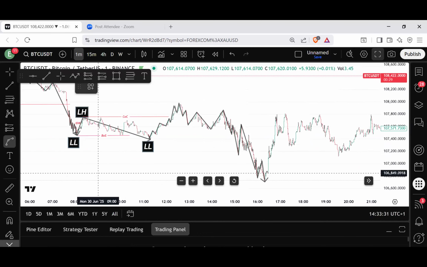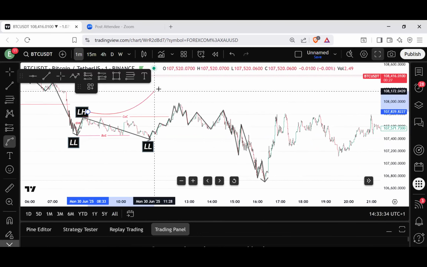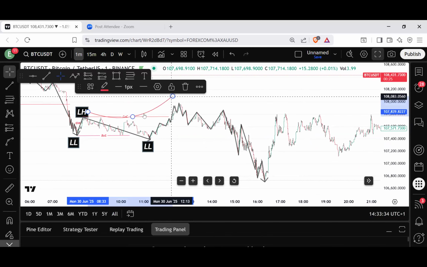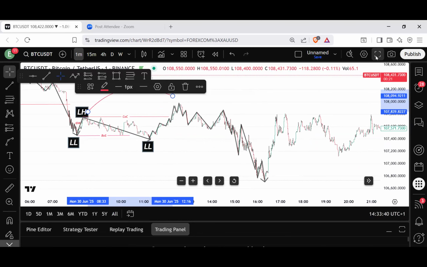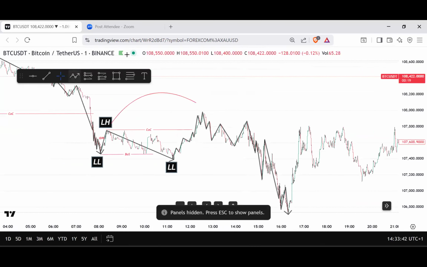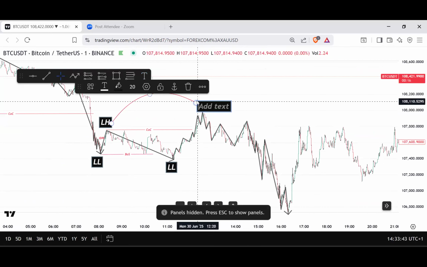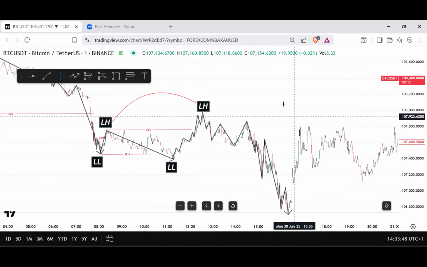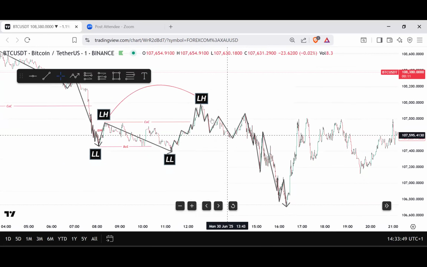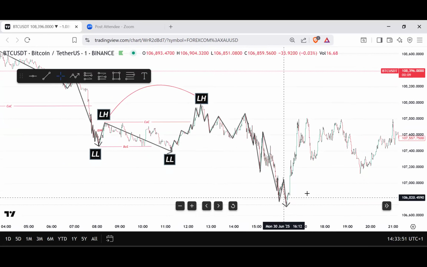So meaning that the lower high got shifted here. So we now have another impulsive move to the downside.